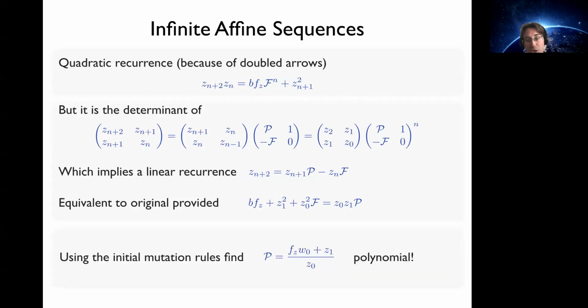Okay, and you can show using that relation and the initial mutation rules that although it looks like I've got a factor Z0, Z1 and P on the right, actually you can easily find a factor Z1 on the left. And although you can't easily find a factor Z0, you can in its square. And because everything is polynomial, that tells you that I'm allowed to divide by Z0, and this formula for P, FZW0 plus Z1 over Z0, is actually a polynomial, even though it's got a denominator in this formula.